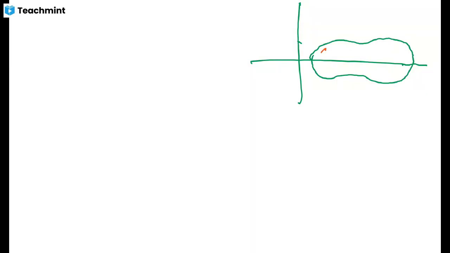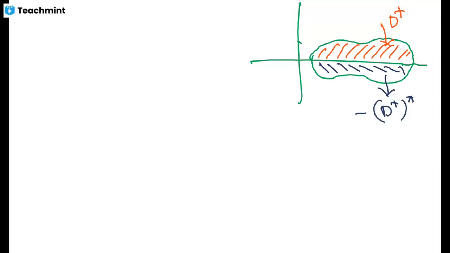One part is this upper part, which is D plus, and the other part of this domain is this lower part, which is nothing but the reflection of this upper part, and let us denote it as D minus.